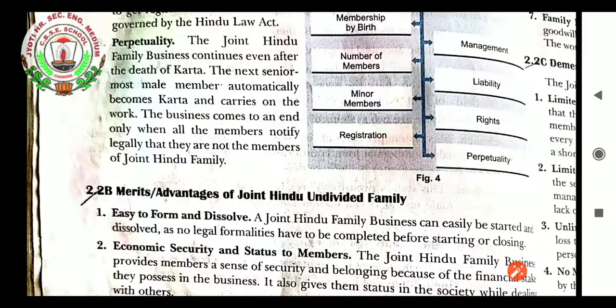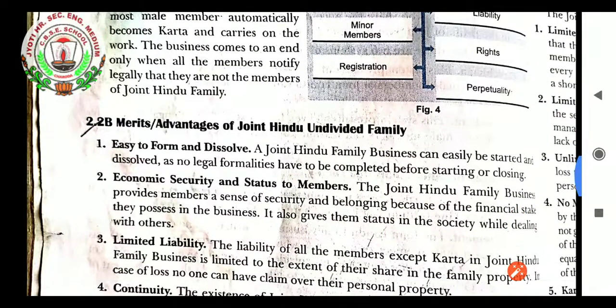So in joint Hindu family business, that perpetuality feature is there, where the death of the Karta will not bring an end to the business. The next senior most male member of the family will become the Karta, and the business will continue. So these were the features of joint Hindu family business.